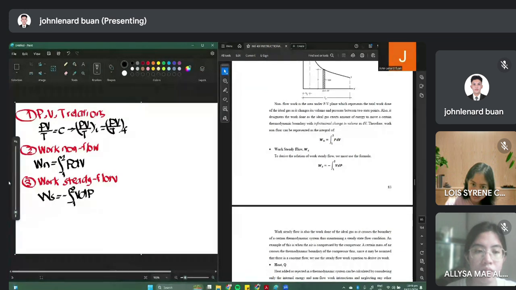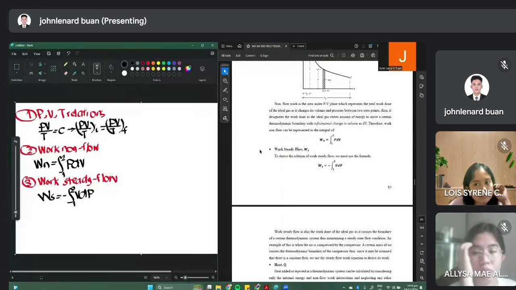Work non-flow means there is no mass transfer, only energy can cross the boundary. Work steady flow is mostly in an open system, which means there is mass and energy crossing the boundaries.